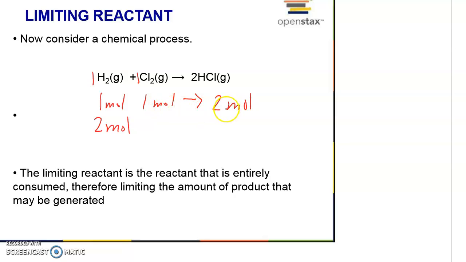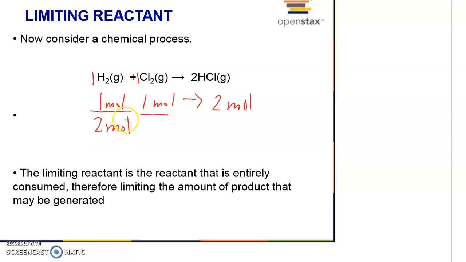What will happen here? Since we don't have enough chlorine to react with the excess amount of hydrogen, look here, 1 mole and 1 mole. If 1 mole is consumed, what happens? Even if we have an extra amount of hydrogen, we don't have any more chlorine left.